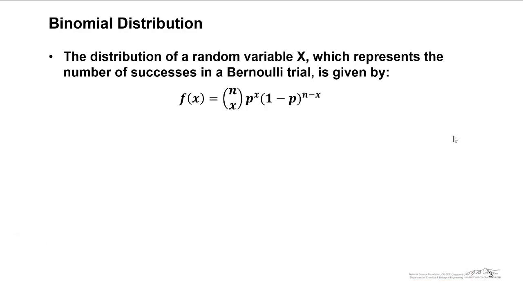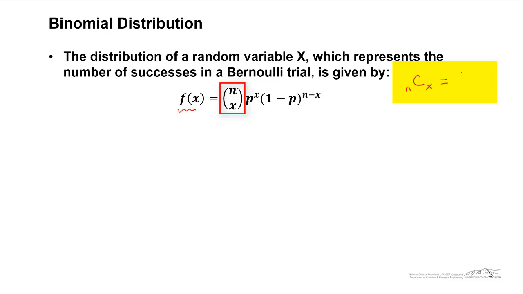The formula for the binomial distribution is given here. Again, it's a probability density function, meaning that the sum over all possibilities equals 1. The f of x is always going to be between 0 and 1. This first term here, n over x in parentheses, that's just the same as n choose x.